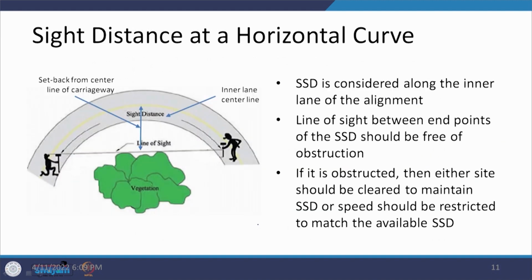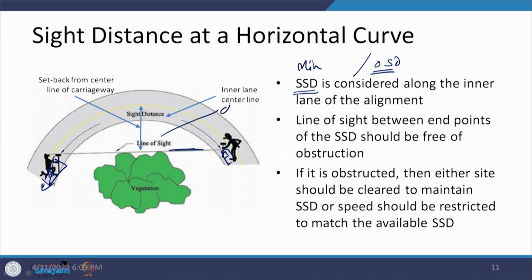Let us first of all look at the distance at a horizontal curve. When we are talking about a horizontal curve, there can be 2 conditions. We may be interested in providing a minimum SSD, but we may also like to provide OSD. It all depends on what conditions we are going to satisfy on that particular alignment. So, we have a vehicle here, and there is another vehicle moving in this direction on this side. The line of sight, as you can see, is defined by this line.